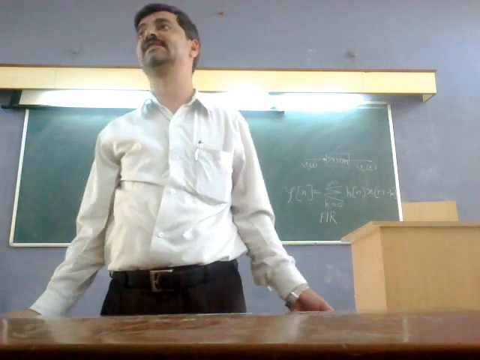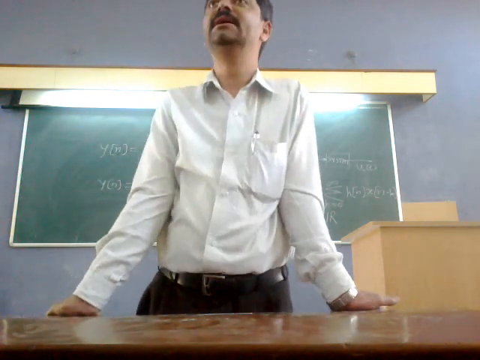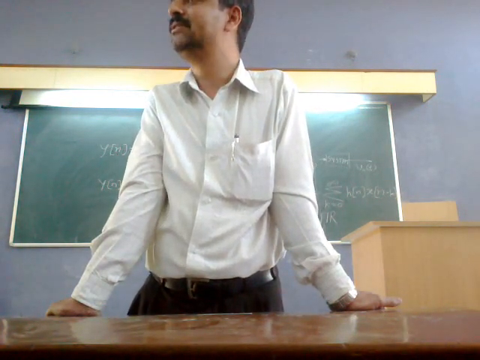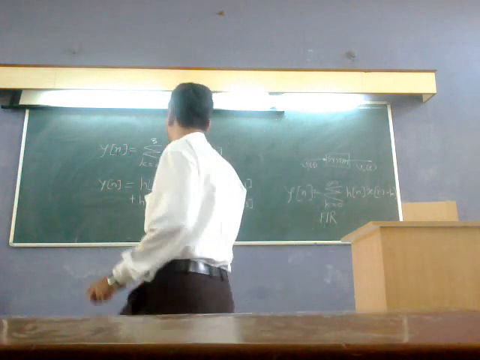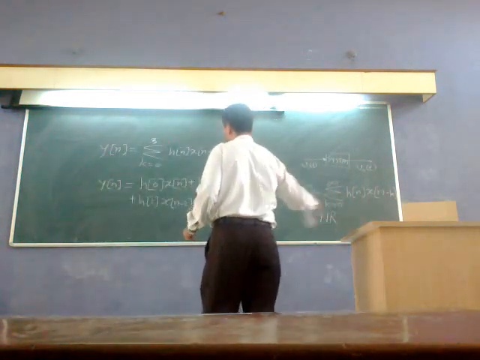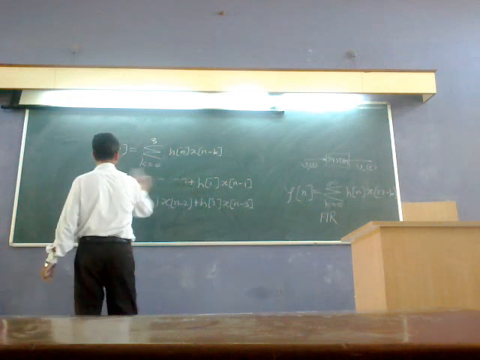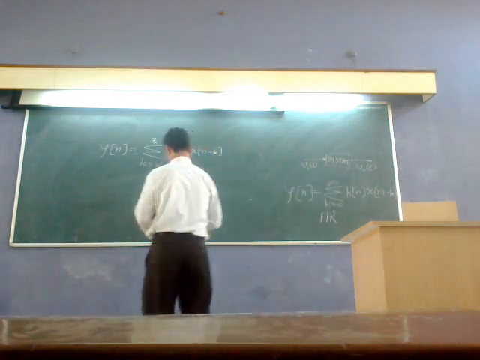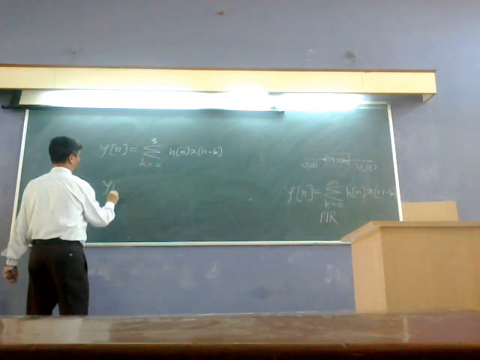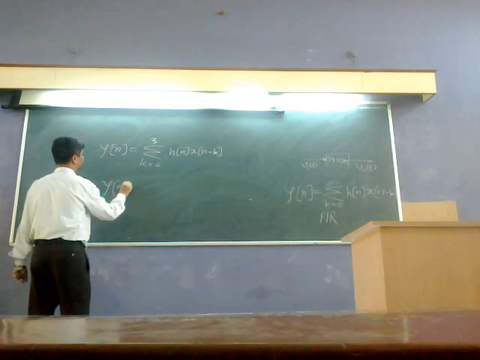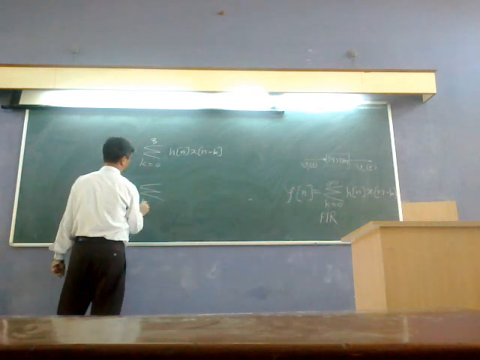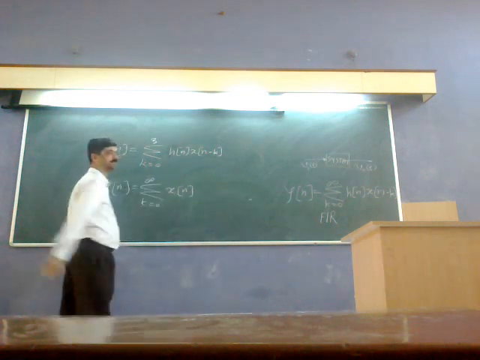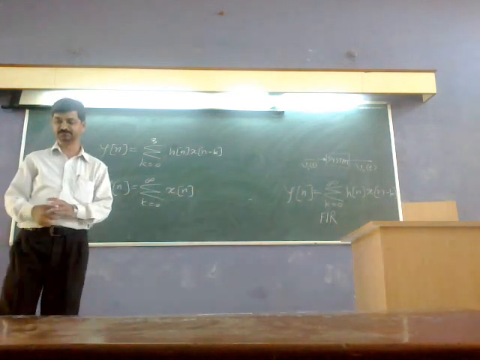So there is a concept of iteration. In iteration, let us say I have got a simple system: y(n) is equal to the sum over k equal to 0 to infinity of x(n).